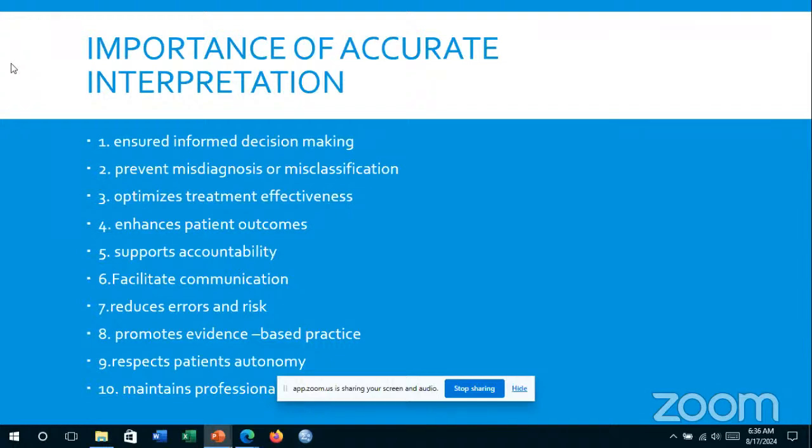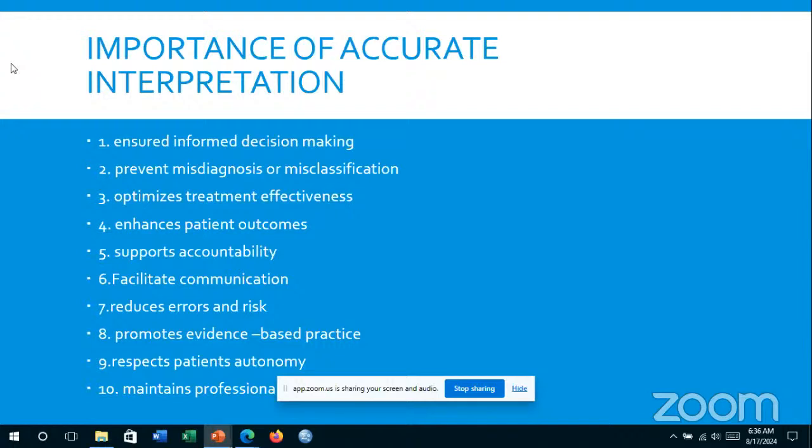It will reduce error and risk. It will promote evidence-based practice. It will respect patient autonomy. And it will maintain professional credibility, showing that the practitioner really knows what to do, by bringing solutions and helping me to have improvement in what has been disturbing me.